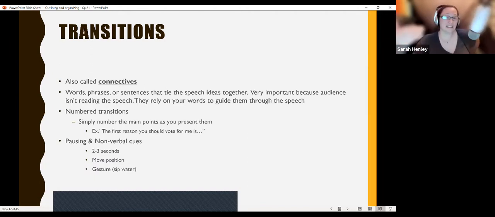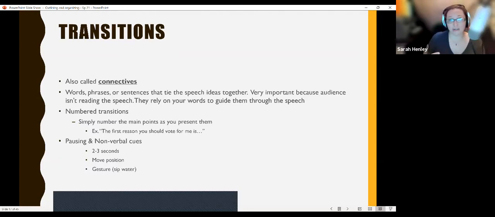Generally, this is all they have to go on, and this is the only way they know they're moving from one point to another. They don't have a literal paragraph on a page to signify that they are going into a new idea. So these transitions are so important for audience understanding.